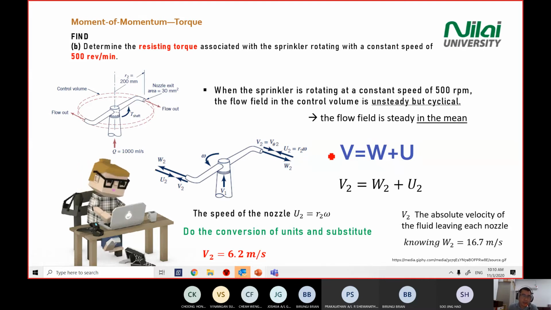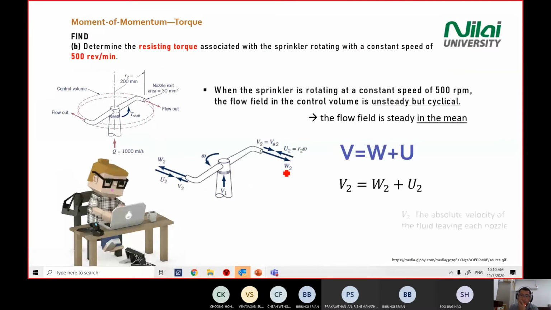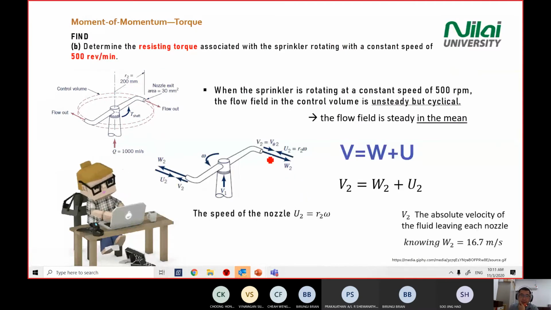So when the head is not moving, then we can straight away calculate our V2 just now compared to tutorial question 12. However, when we have a rotational motion, then we have an angular motion already.